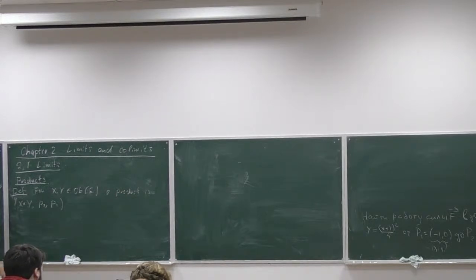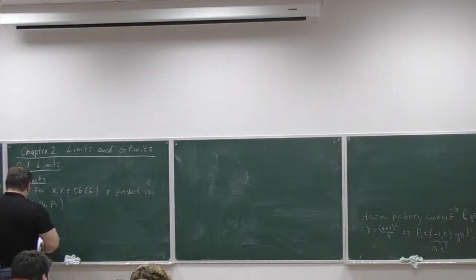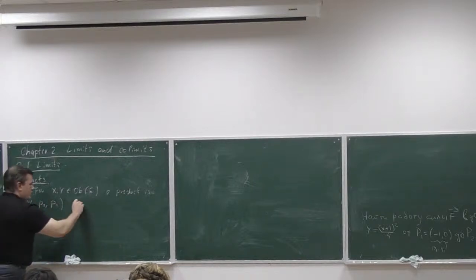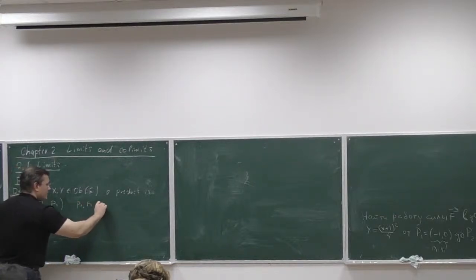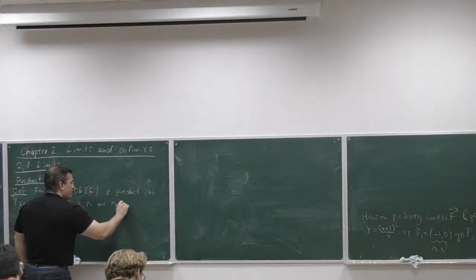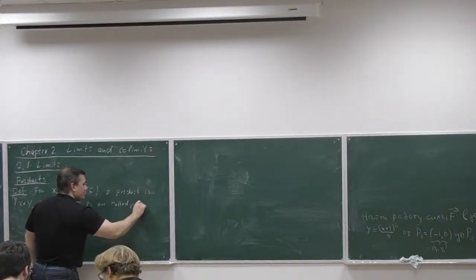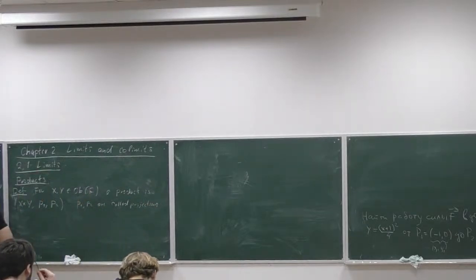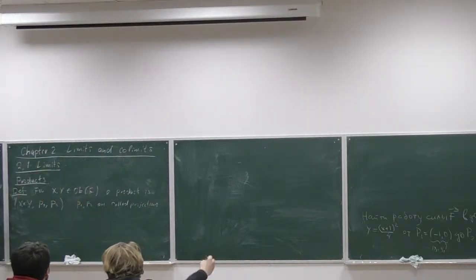Sometimes people abuse notation a little and say the product is just an object, forgetting about these two projections. P1, P2 are called projections. But to do proper theory, we need all the information.